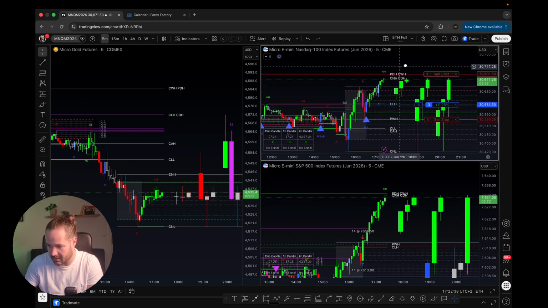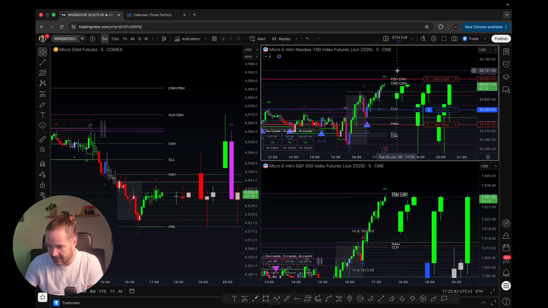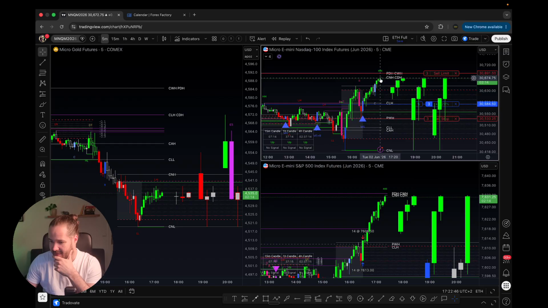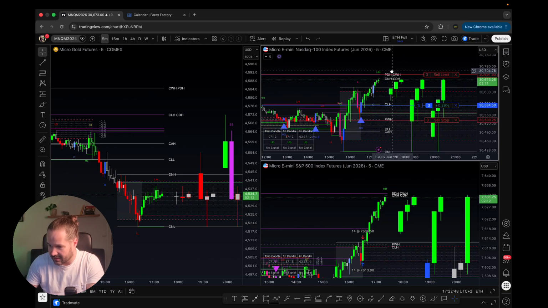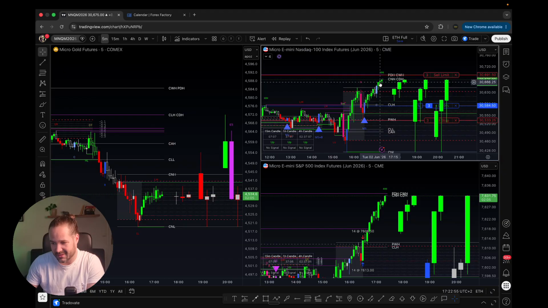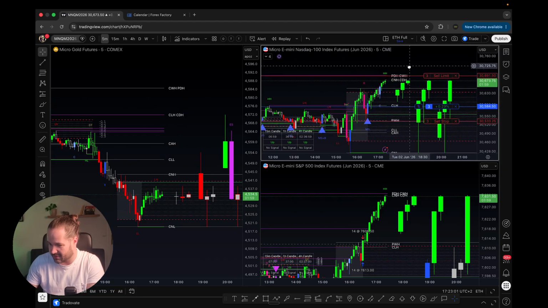Just one green candle. Damn. That's a bit tough here. When you're so close to the target, it's so tough if we still get a reversal and then move downwards again. So I'm a bit concerned.